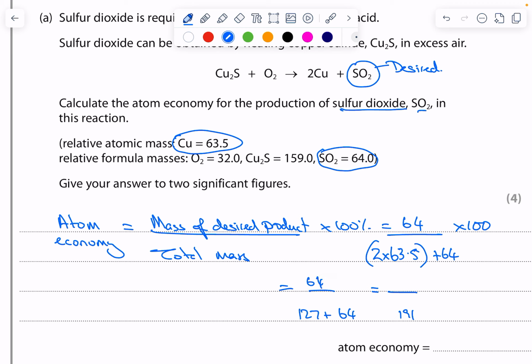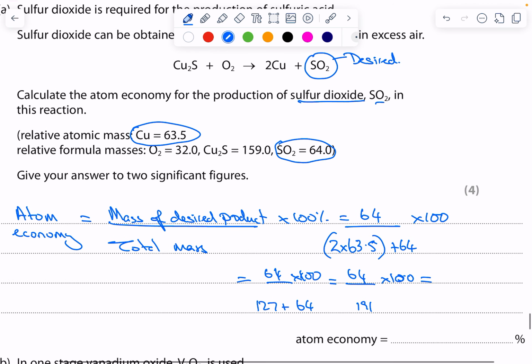And then the top is 64, times by 100. So we've got 64 divided by 191, and then multiply the whole thing by 100. And that's giving me an answer here of 33.507.